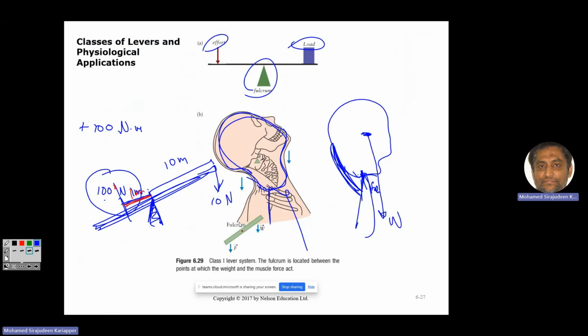Now suppose you are in my class and you are sleepy. This is supported, it's like this. Here you have the muscle which is connected to this. So you have a tension like that. And the load, that is the center of mass, the whole weight is concentrated here. So your skull doesn't fall forward. Why?